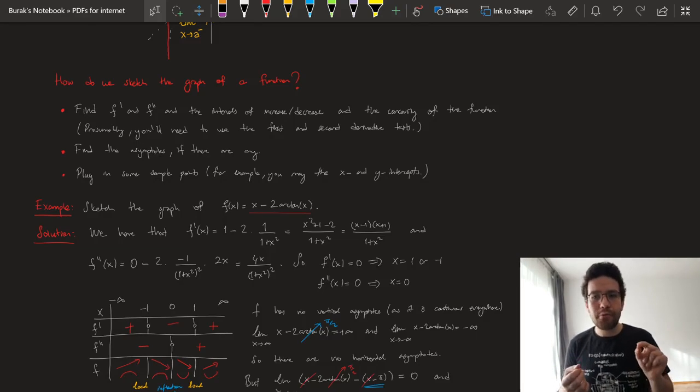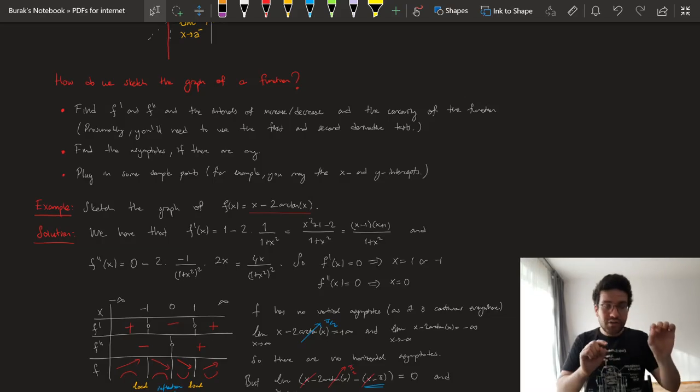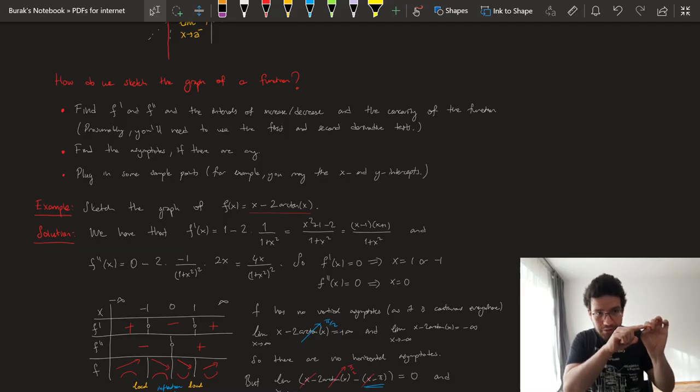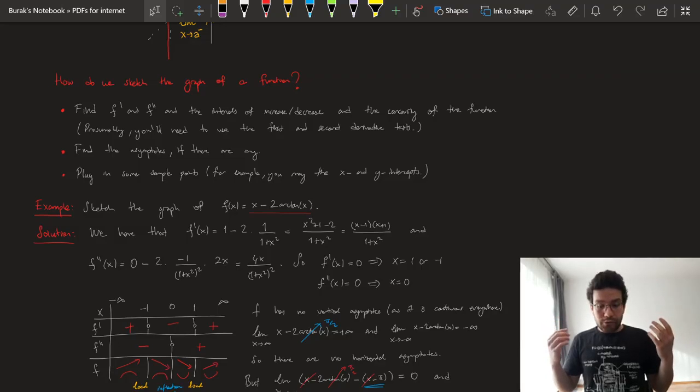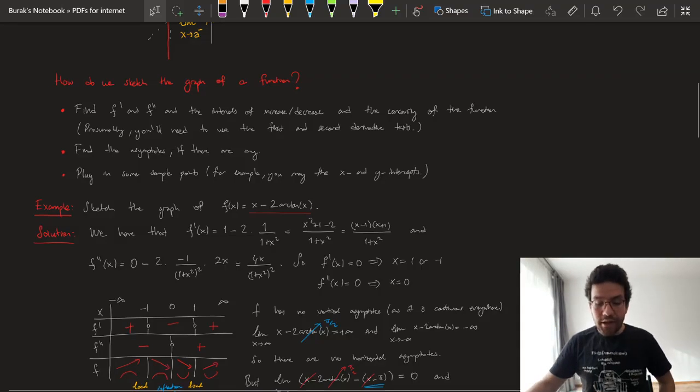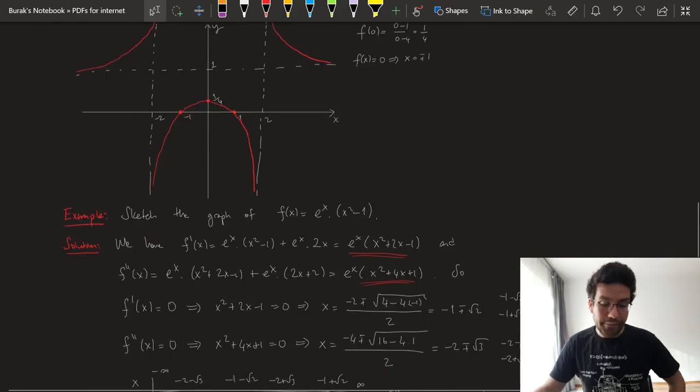Maybe you plug in these points of interest, these inflection points, local maximums, local minimums, to see where you should start drawing your graph off. Okay, so you do this, and when you combine this data, you will roughly get the graph of your function.